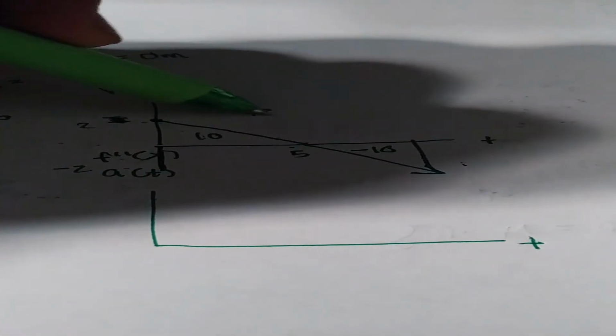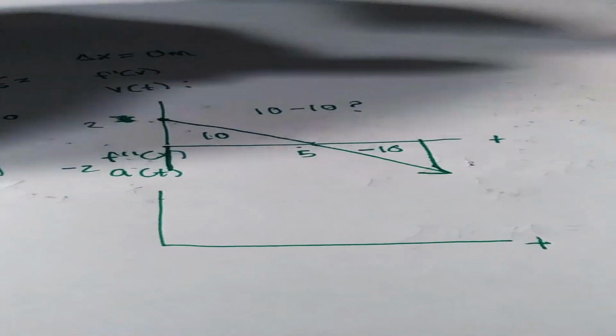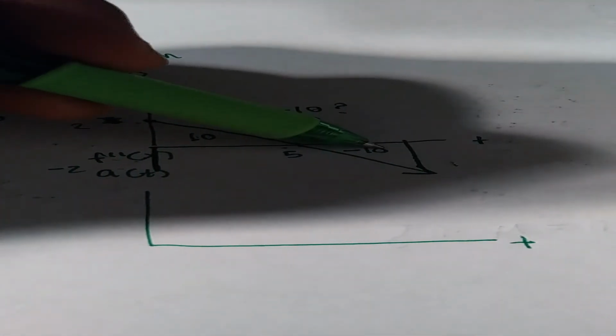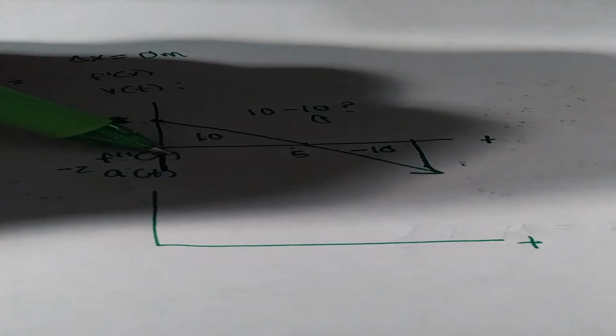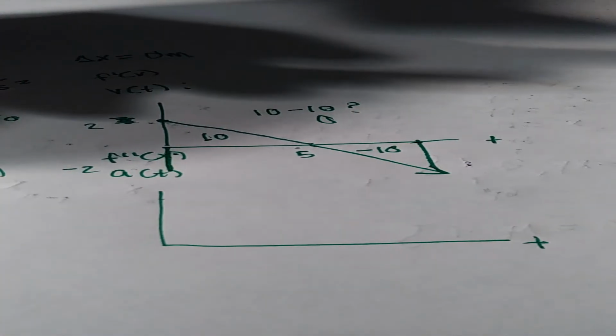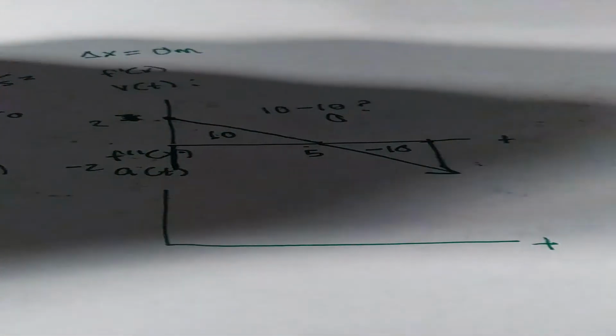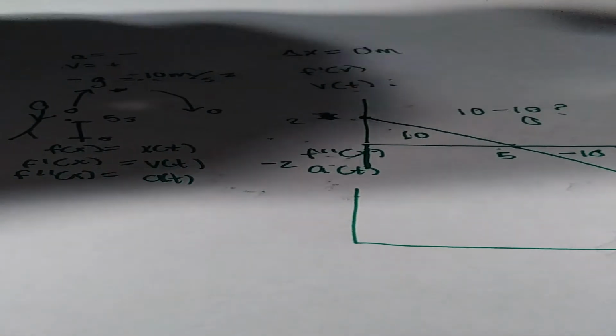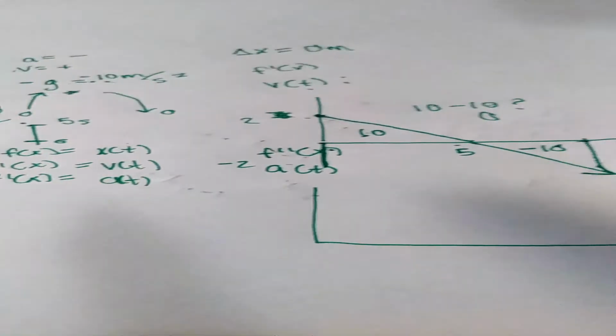And what's 10 minus 10? Well, that is simply 0. So the area here and the area here, or the integral from 0 to the time he catches it, is simply 0. So I'm just making up numbers, because I don't quite remember the numbers used in the actual question.